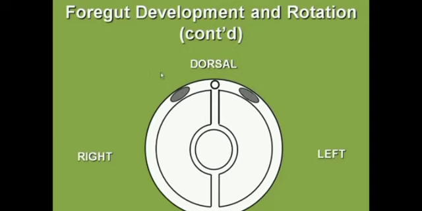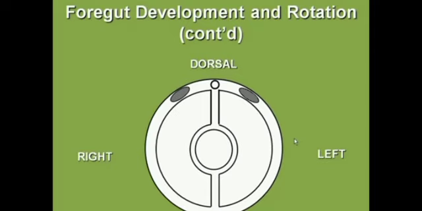It's only those elements that are relevant for the conversation that we're having here. So things such as the vertebral column and the spinal cord and so forth are not shown here. On all of these embryonic cross-sections, dorsal will be at the top of the figure and ventral at the bottom. The right will be on the figure's left and the left will be on the figure's right.